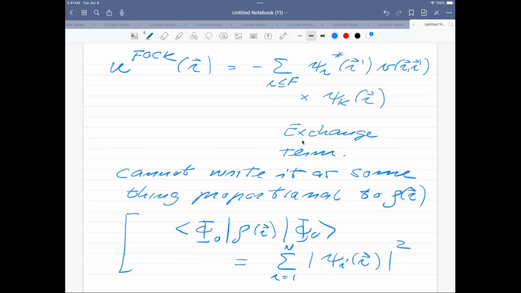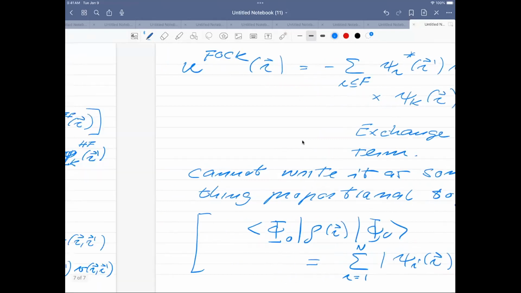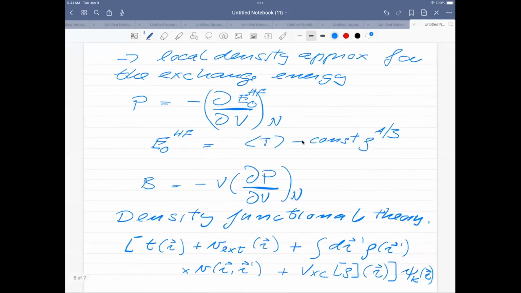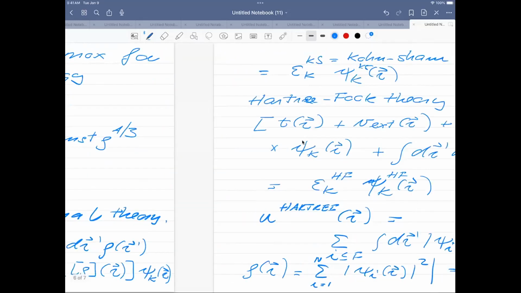So before the break, we set up the equations for the so-called Kohn-Sham equations, which define an effective type of single particle lookalike equations, which are very similar to the Hartree-Fock equations. The difference is that we have this exchange term, which replaces the exchange term we have in Hartree-Fock theory.